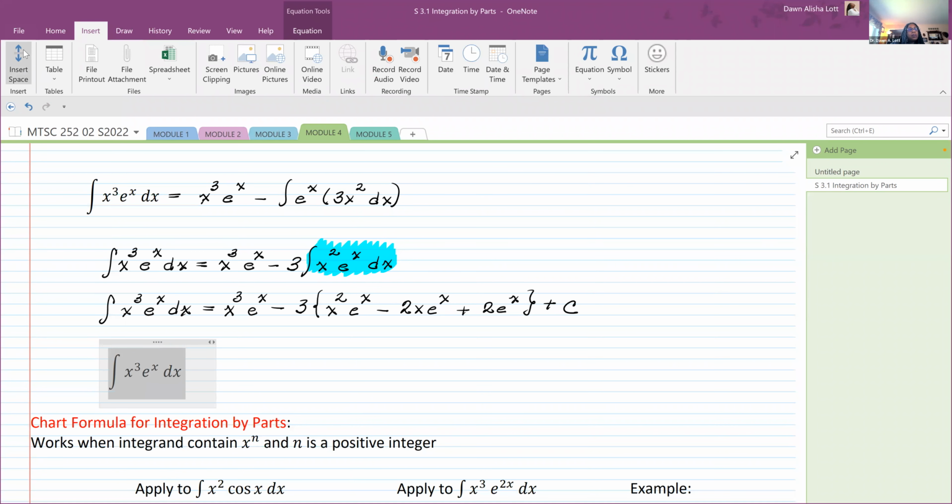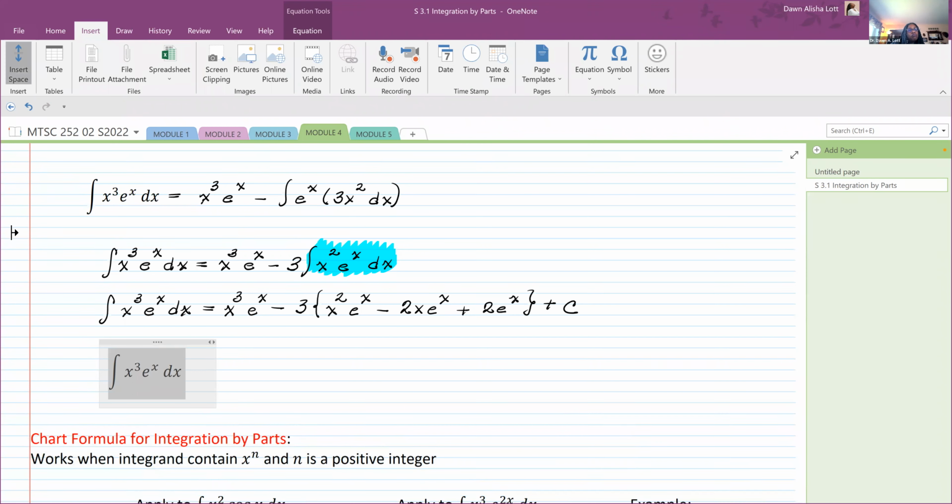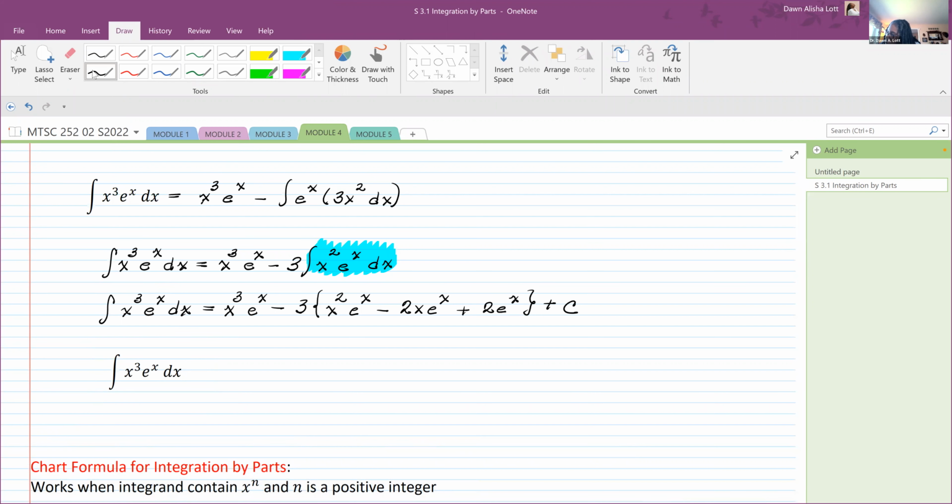I try to keep my notes neat. I cannot stand raggedy notes. So we have x cubed e to the x minus 3x squared e to the x plus 6x e to the x minus 6 e to the x plus a constant.